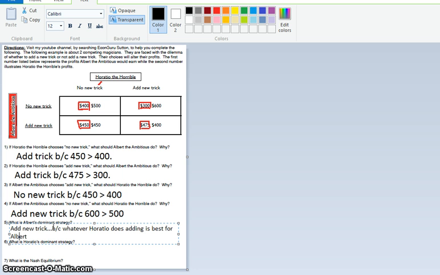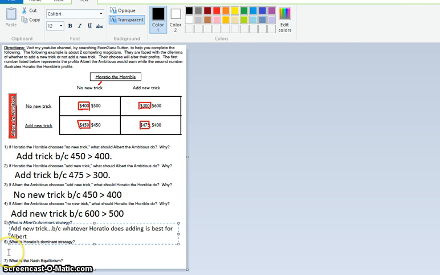But let's look at Horatio's choices here. Horatio's choices are represented in 3 and 4. If Alberto chooses add, Horatio says no new trick. If Alberto chooses no new trick, Horatio chooses to add.